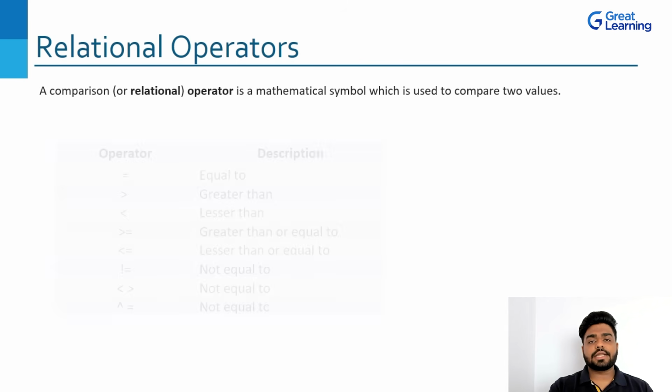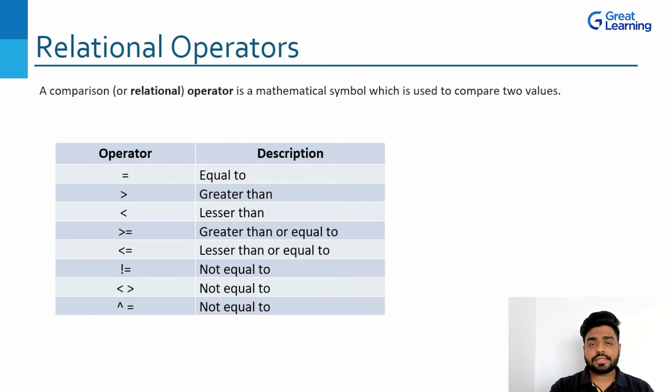We also have not equal to with 3 symbols. Don't get confused: in Oracle, not equal to is denoted by exclamation mark equal to, less than greater than together, and the caret and equal to together. These all 3 symbols are nothing but not equal to.